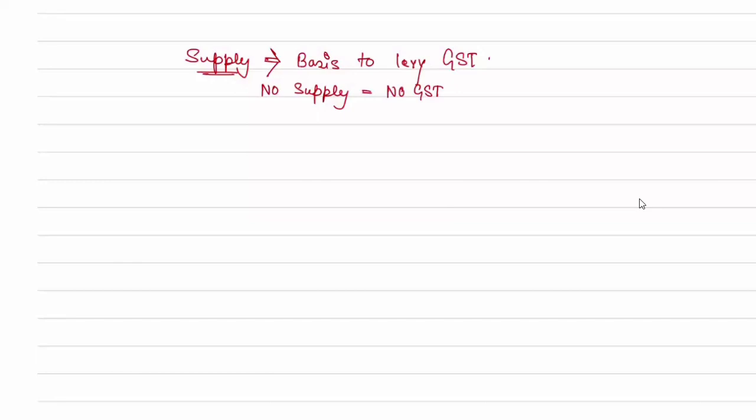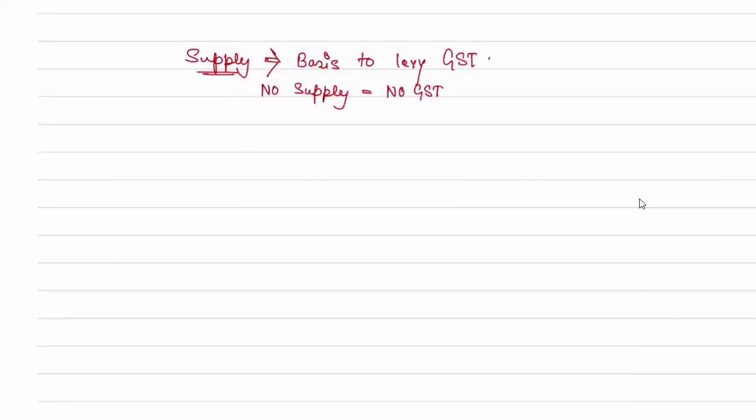So do you think that if I would have said that you do one activity, GST will be there, you do a second activity, GST will be there, you do one more activity, GST is there, will that have reduced something? Definitely not. That's why supply is the word which is the basis for GST.